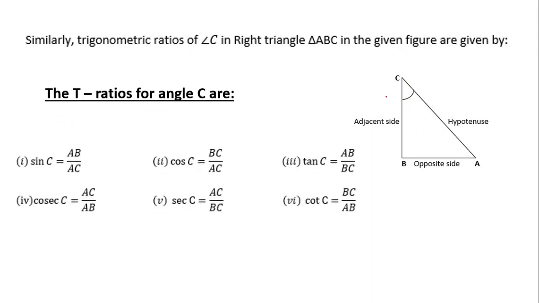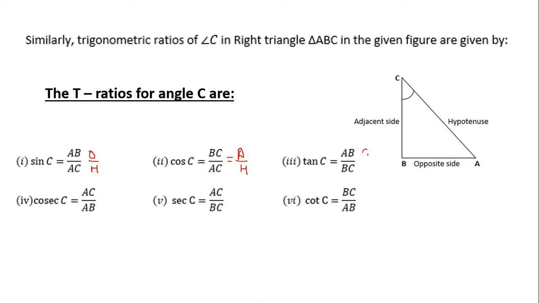For angle C, the opposite side is AB, adjacent is BC and hypotenuse is the same. So sine C will be opposite by hypotenuse. As you can observe, opposite is AB and AC is the hypotenuse.